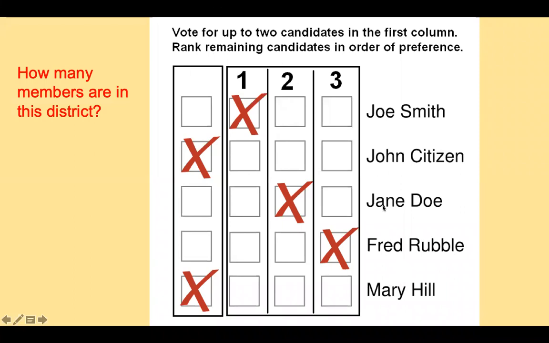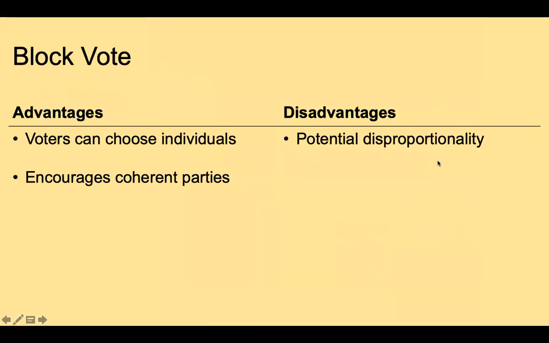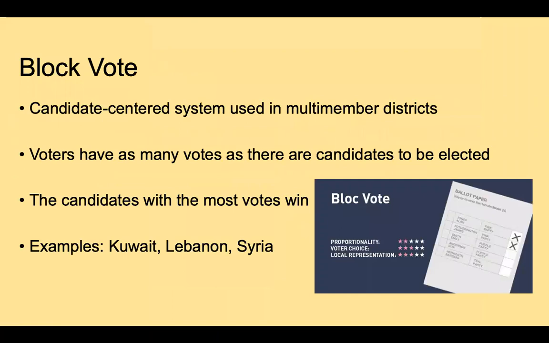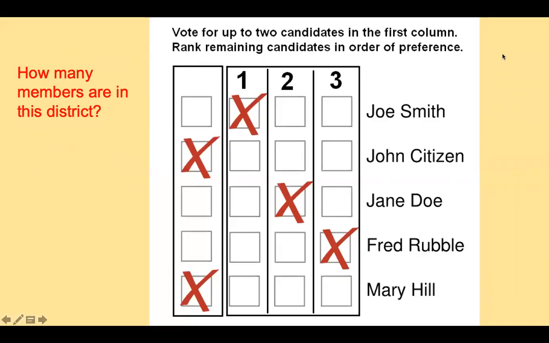Tell me in a private message, how many candidates or members are in this district? It's 3. Voters have 3 votes.